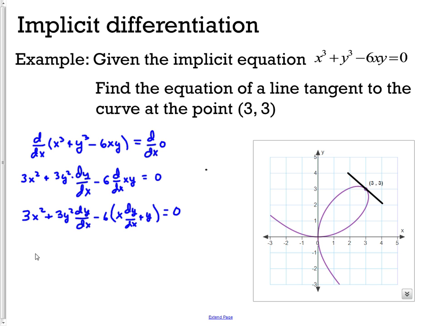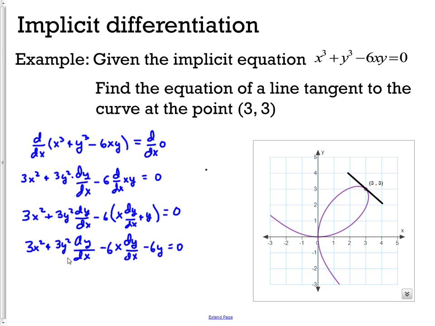So separating our terms out, we've got 3x squared plus 3y squared dy/dx. My d doesn't look very good there, but trust me, it's a d. dy/dx minus 6x dy/dx minus 6y is equal to 0.